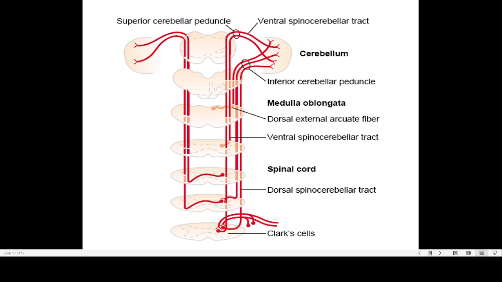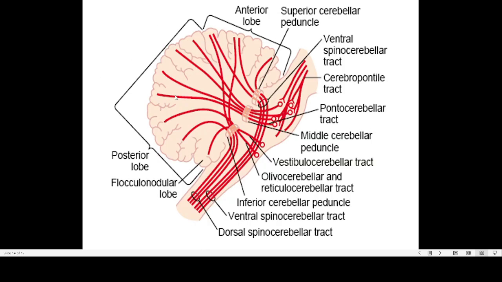So here the group is called by different names. This is again a different group of nerve fibers with connections, as I told you: the superior cerebellar peduncle, which is connected to the midbrain, then the middle cerebellar peduncle, which is connected to the pons, then the inferior cerebellar peduncle, which is connected to the medulla oblongata.